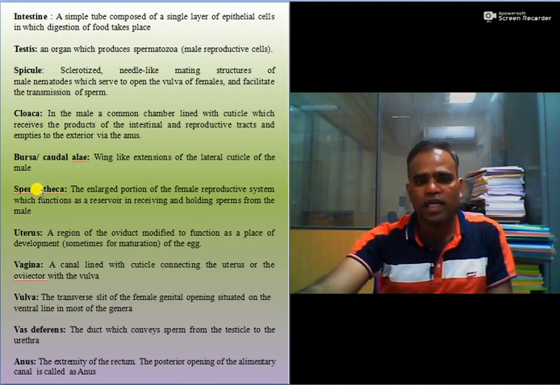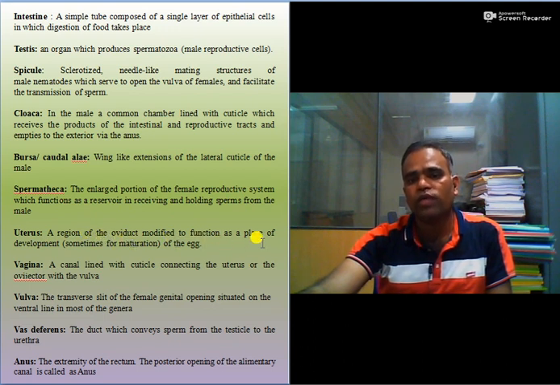Then the spermatheca, the enlarged portion of the female reproductive system which functions as a reservoir in receiving and holding sperms from the male. Uterus, a region of the oviduct modified to function as a place of development or sometimes egg maturation.